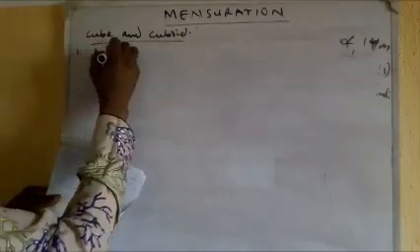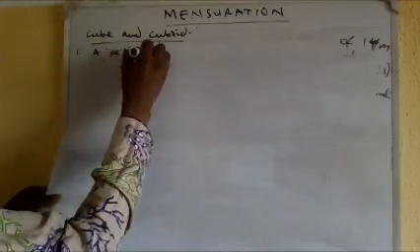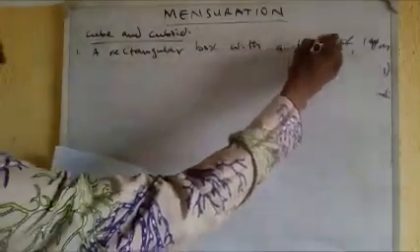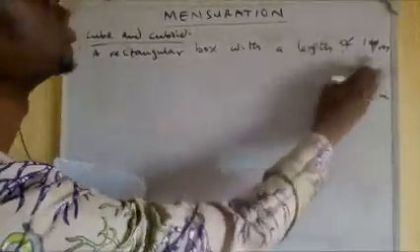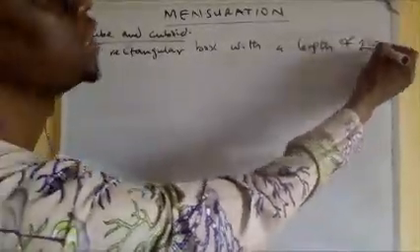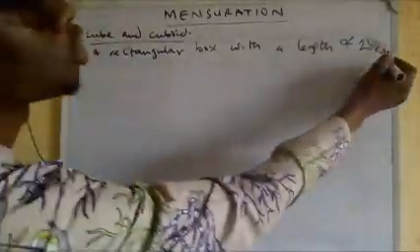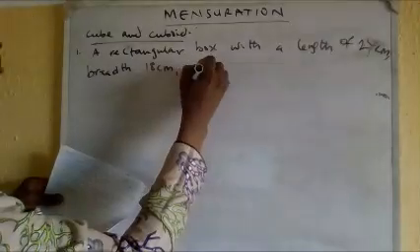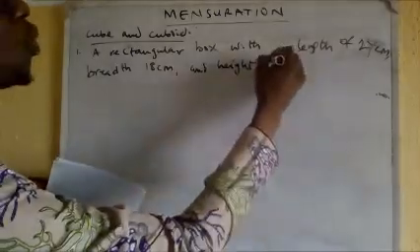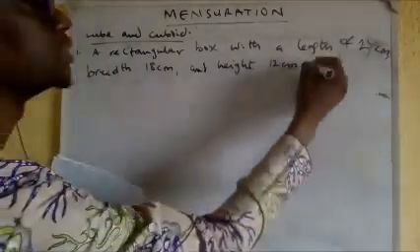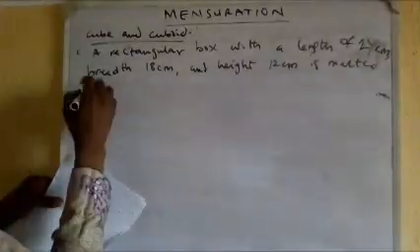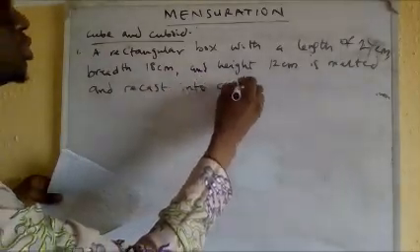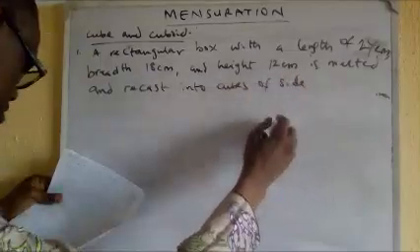It says a rectangular box with a length of 24 cm, breadth 18 cm, and height 12 cm is melted and recast into cubes of size 6 cm.